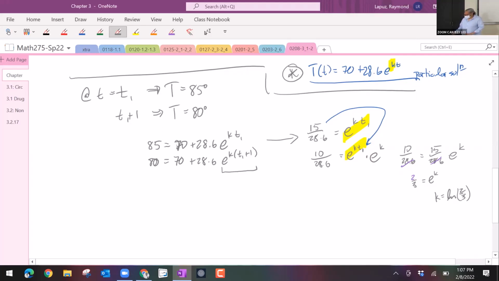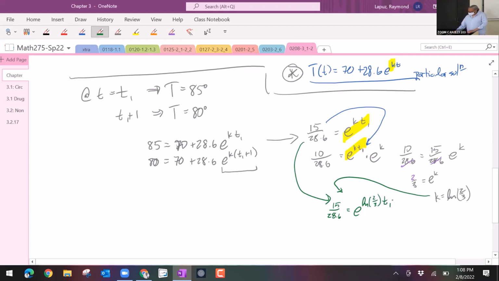The t1 that we're actually looking for is in either of these, but let's pick this equation over here and put this information in to get our value. So 15 over 28.6 is equal to e to the ln of 2/3, that's k, times t1, and I want to solve for t1.